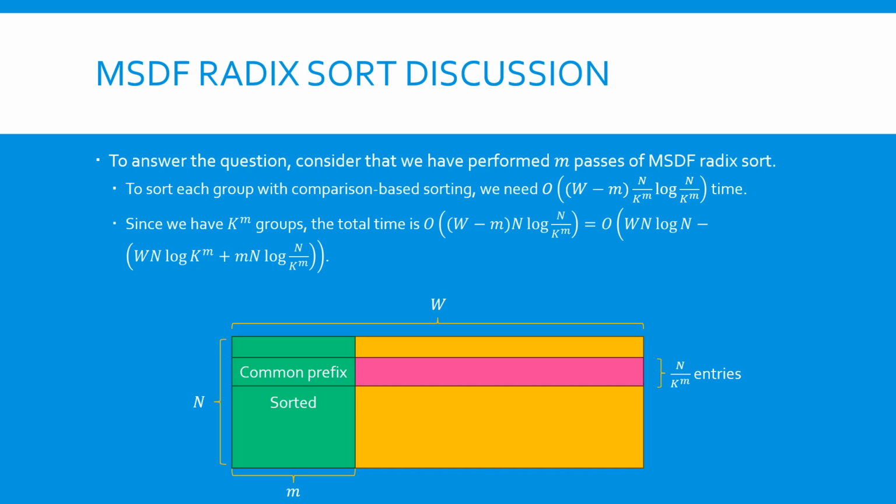Since we have k to the power of m groups in total, the time needed to sort groups becomes O((W minus m) times N times log N over k to the power of m). Simplifying the term, we get O(WN log N minus WN log k to the power of m plus mN log N over k to the power of m).